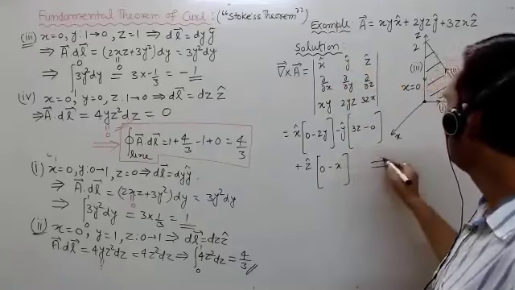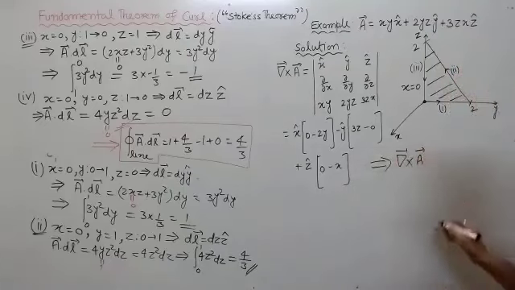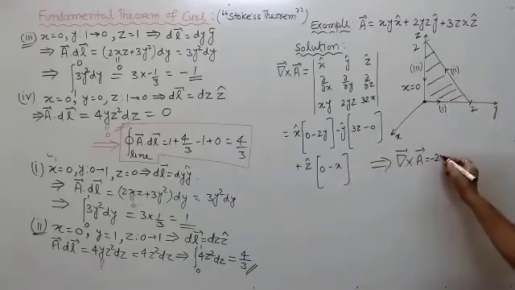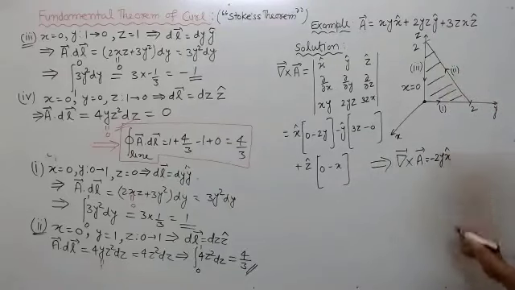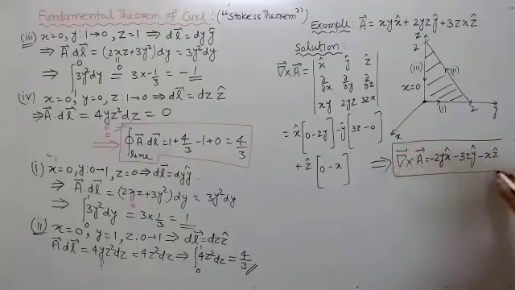So you can easily write del cross A as minus 2y x cap minus 3z y cap, and then minus x z cap. This is curl of A.